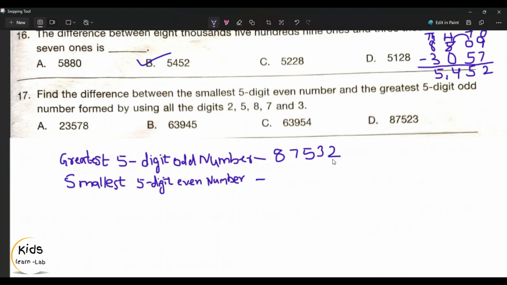If you write 3, 2, it becomes even number, but we need odd number. So write 2, 3. Now it became odd number. Smallest 5-digit even number formed from the given digits is arranging the numbers in ascending order.